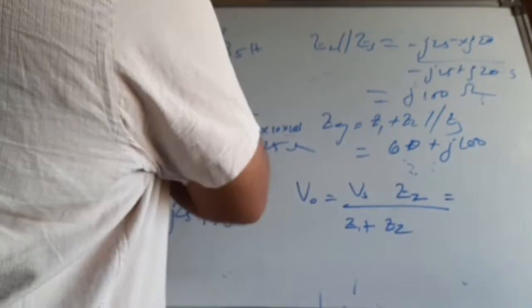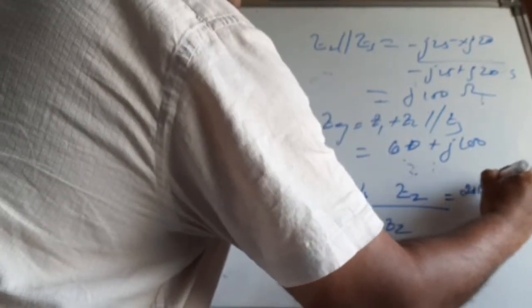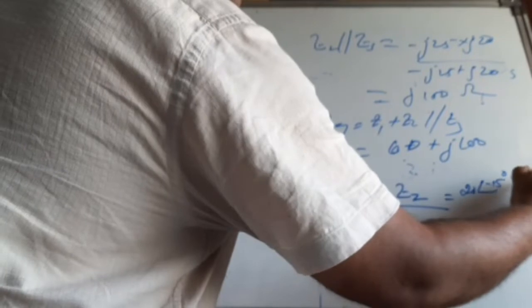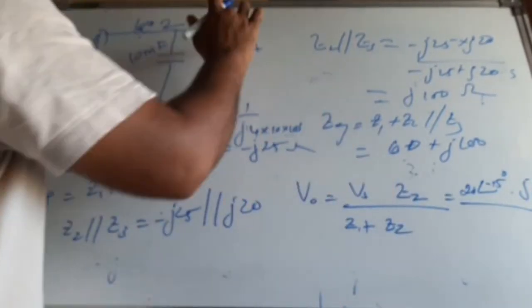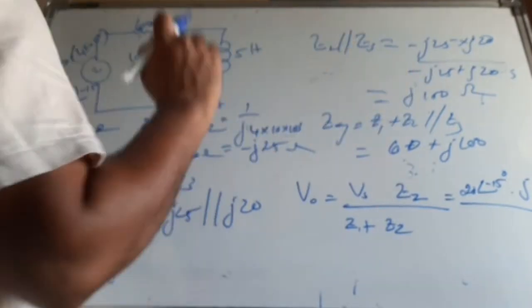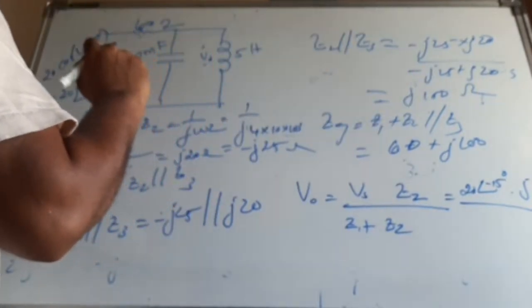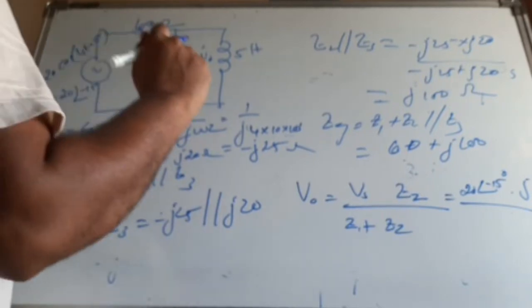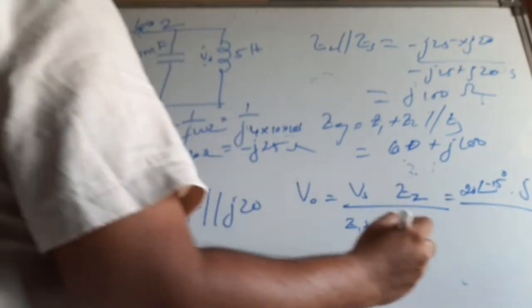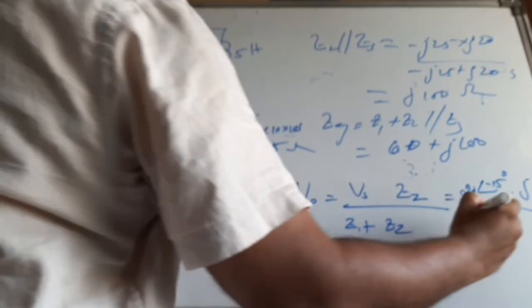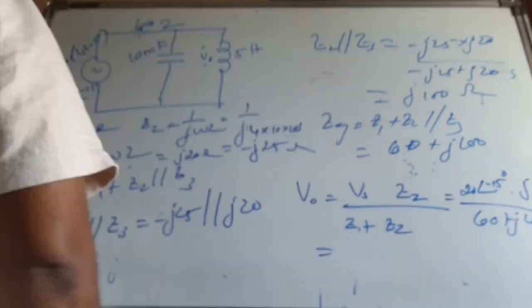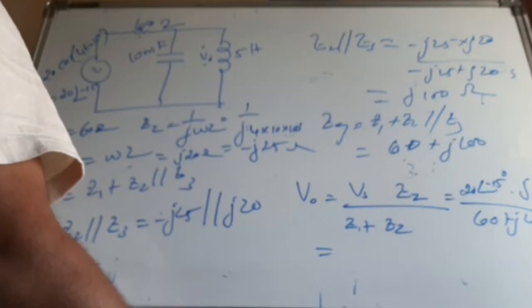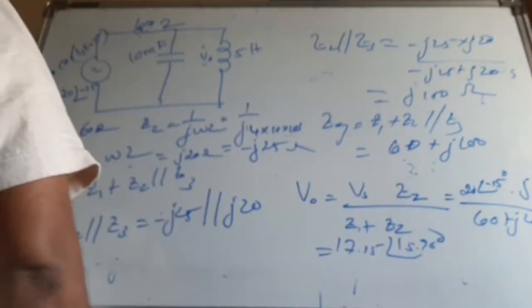For the Vs, I said it is 20 angle minus 15 degrees. j100 is the total equivalent impedance that we got now, divided by 60 plus j100, which gives you the answer 17.15 angle 14.96.